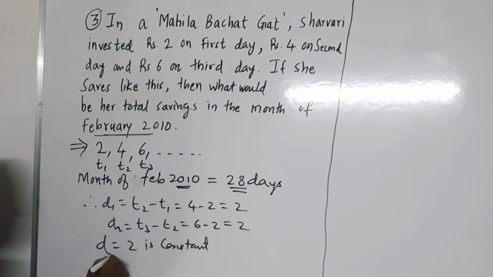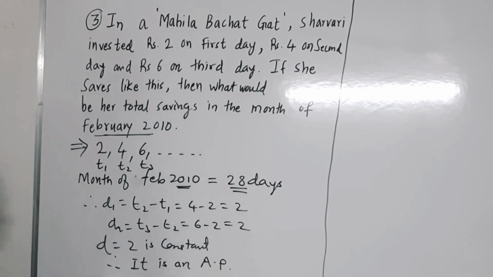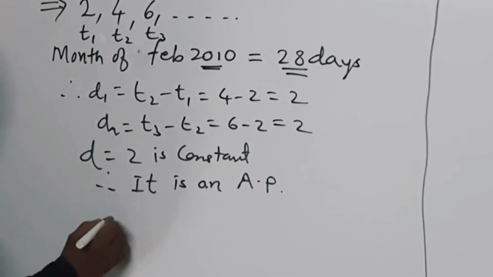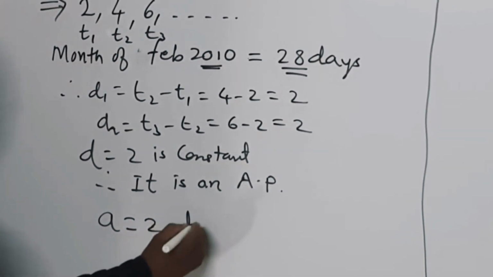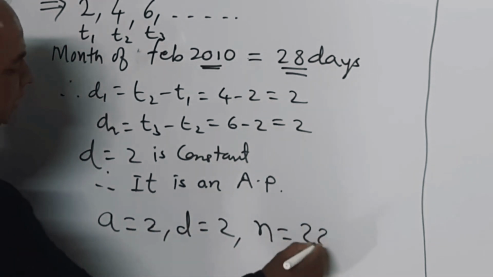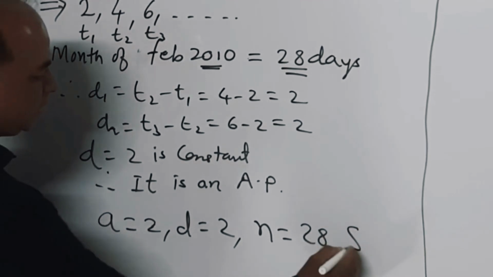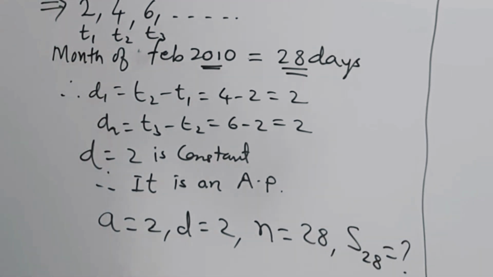Therefore the given sequence is an arithmetic progression. So here A is equal to 2, D is also 2, n is equal to 28. We have to find the total saving in the month of February, that is S28.